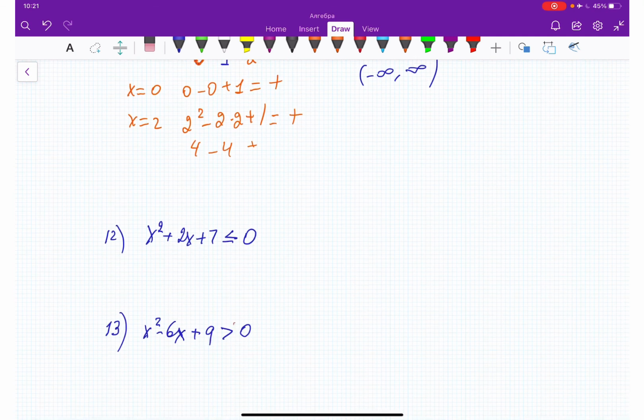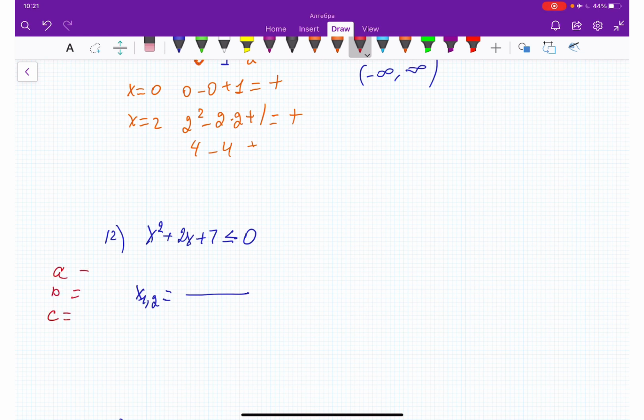This one, x squared plus 2x plus 7, we're definitely going to solve this way, with x12. Let me write down a, b, c. So a is 1, b is 2, c is 7.